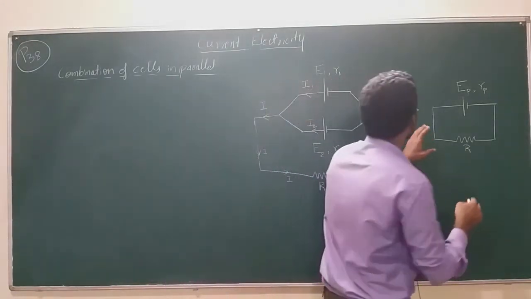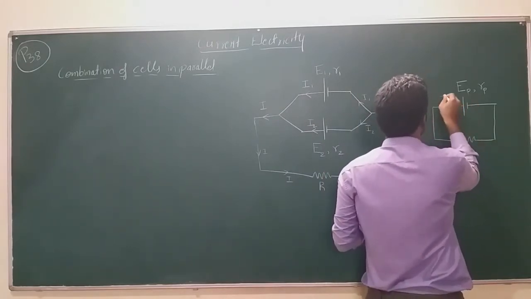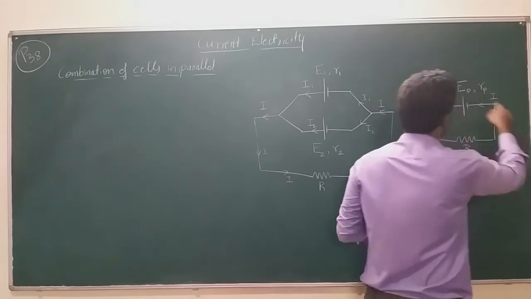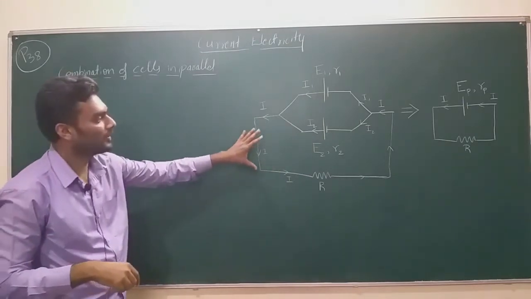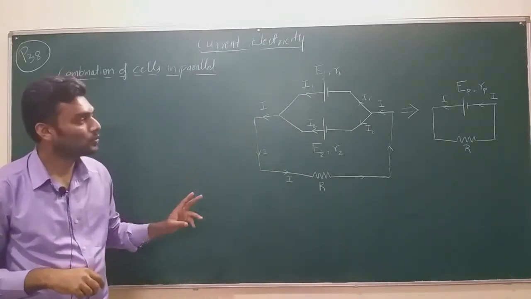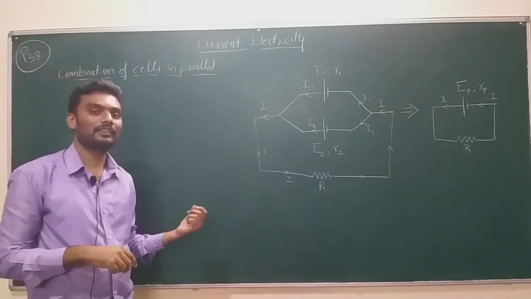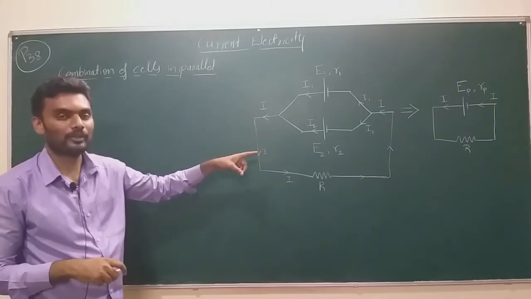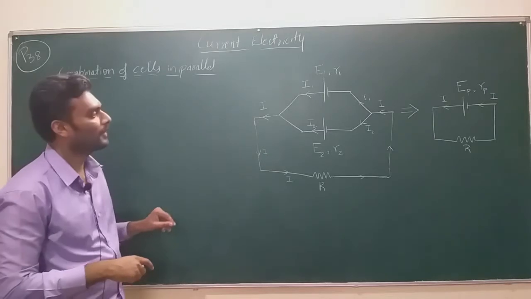And now take this as the same current I flowing through the effective cell. So this is about the considerations. Let two cells with EMF E1 and E2 and internal resistance R1 and R2 respectively be connected in parallel as shown in the diagram.